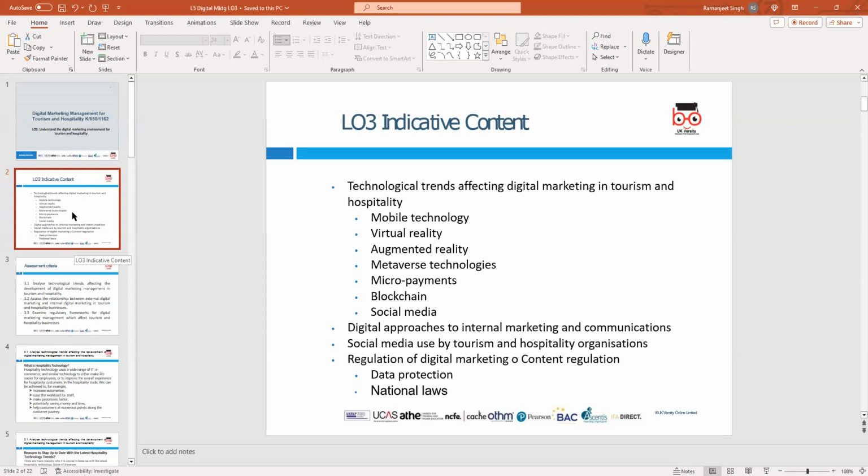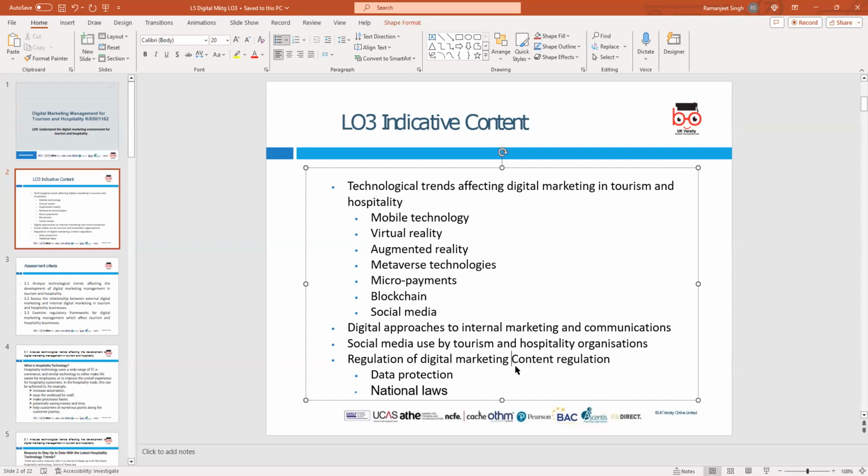Then you need to look at the use of social media by tourism organizations. And lastly, the regulations or laws affecting digital marketing, like the Data Protection Act and national laws.